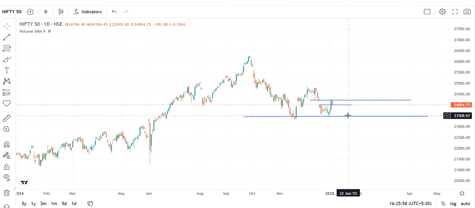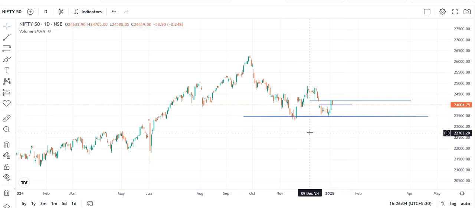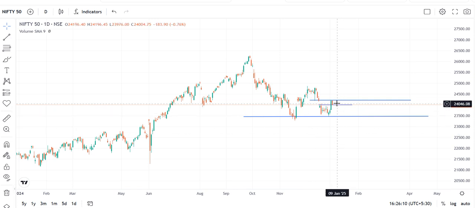But if it breaks this level, then there will be a good opportunity for you to earn good profit by buying the puts. But no, it will not happen easily. Maybe next day, or maybe next week also. It's very unlikely to happen. But do watch this level for good profit. That is your 23,400 or 450.